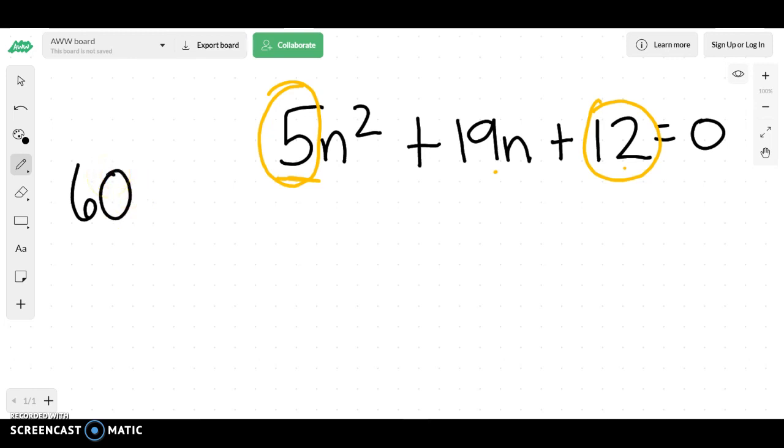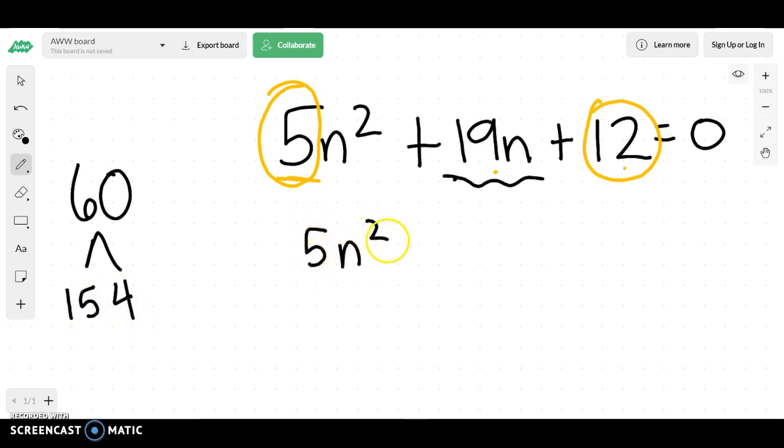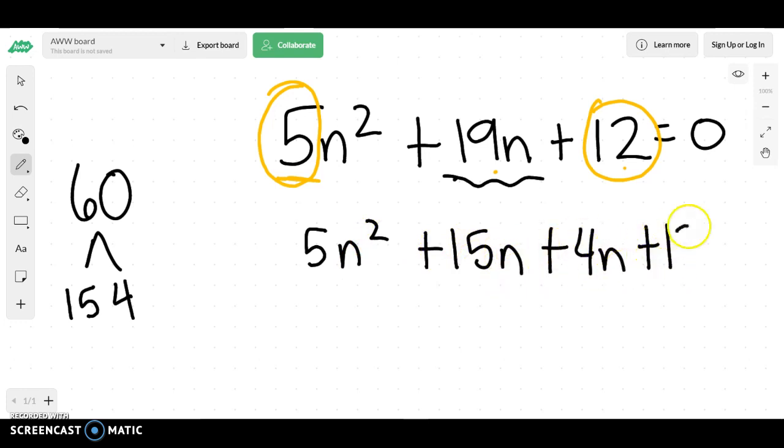We're then going to take that 60 and think about what will multiply together to give me 60, but add together to give me 19. That should be 15 and 4. And then we're going to rewrite it. So we'll have 5n squared plus 15n plus 4n plus 12 equals 0.